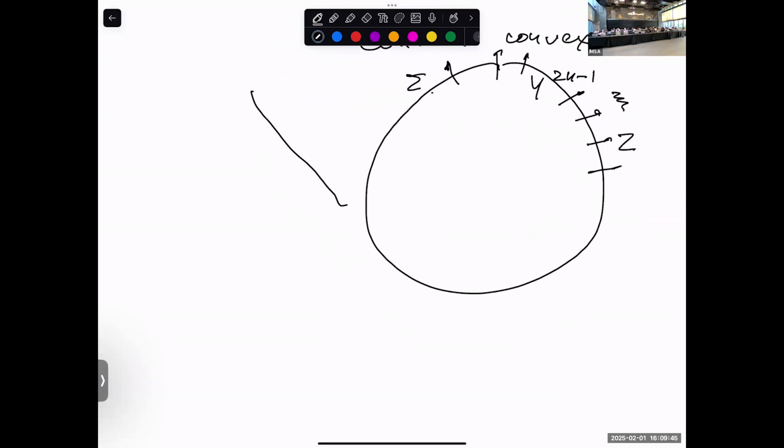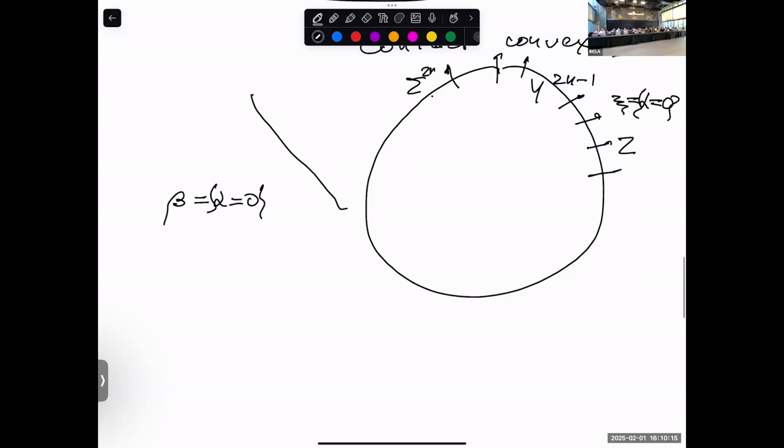Suppose you have this contact structure given by some one-form, alpha equal to 0, and let's denote by beta the restriction of alpha to sigma. Then this one-form on the even dimensional manifold sigma cannot be contact.